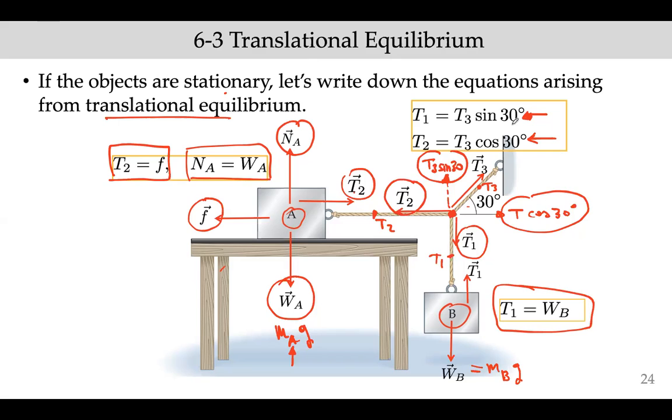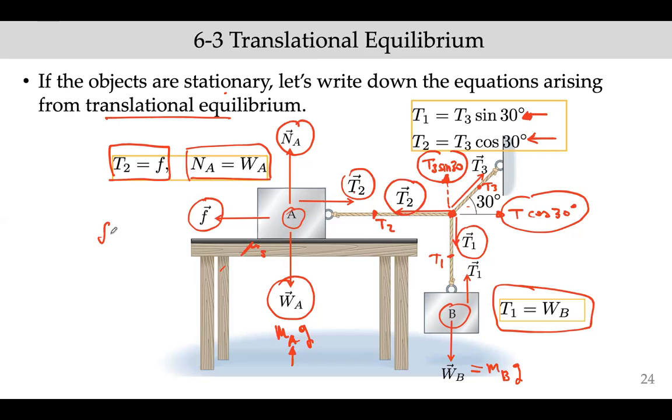So in a typical problem, it could ask one of these things, like T1, T2, T3, or maybe masses of these objects, or even the friction force. Or sometimes it may ask, what is mu, the friction coefficient here? Of course, it should be static because this object is not moving. In that case, you would find the normal force.